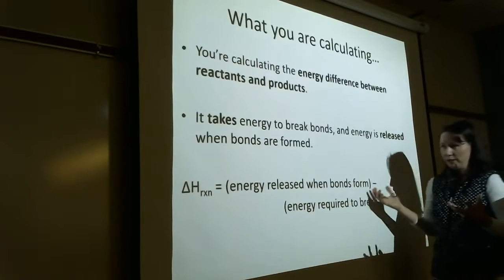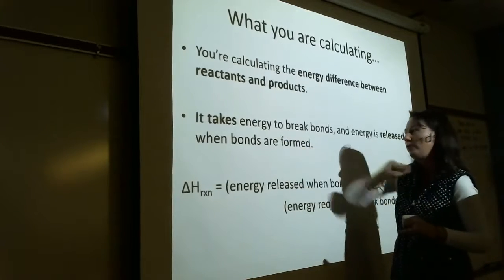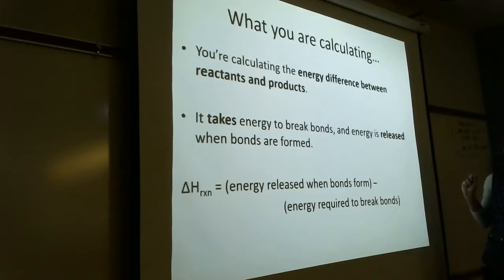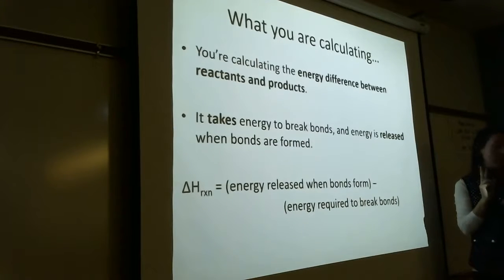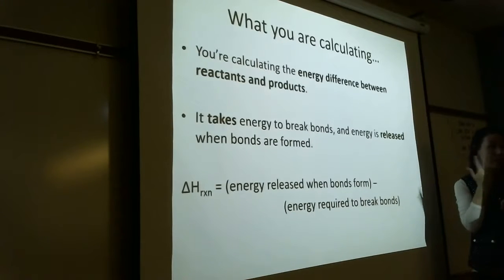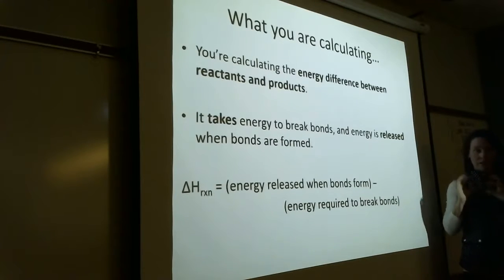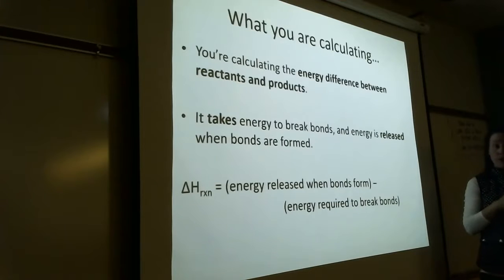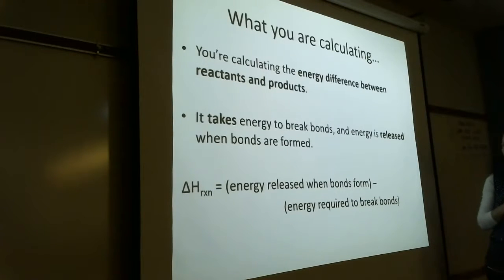But make sure you understand the difference. Okay? It takes energy to break bonds. Energy is released when bonds are formed. Now, if you're thinking about biology, biologists actually talk about that backwards. Right? They talk about that in a different context. So make sure you understand the way chemists look at this versus the way biologists look at this is different. Okay? Because biologists are not looking at thermodynamics the same way a chemist is.